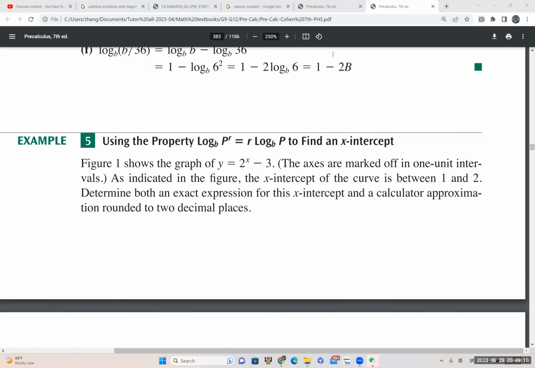So it's just like 2 to the x equal to 3. Then x equal to log base 2 of 3. If we use a calculator, of course, we can get it, right? But here they mention something special. Let's see.